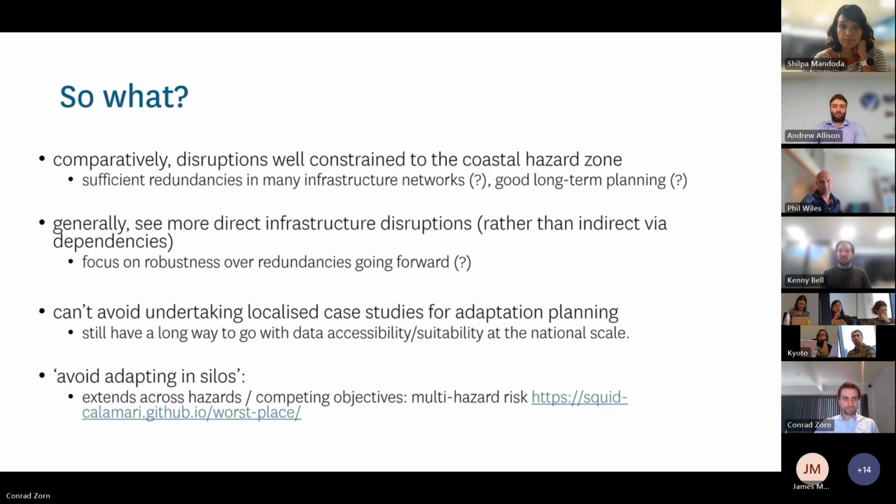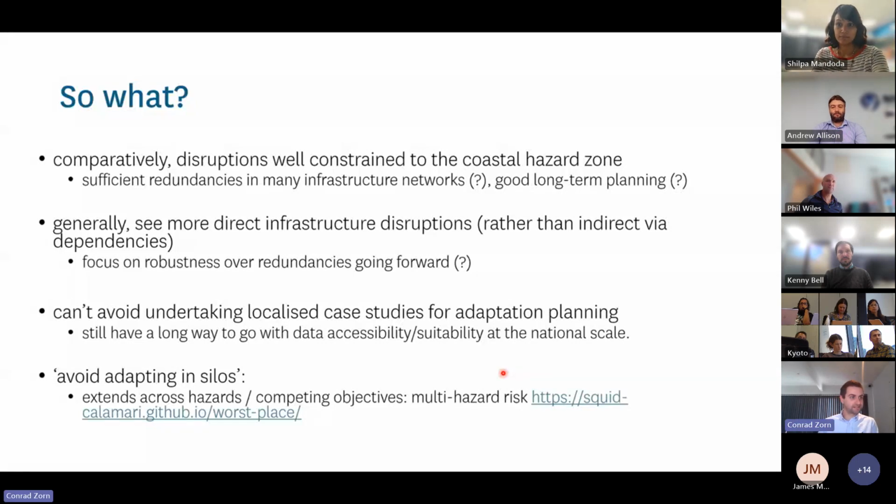So what? Well, without throwing numbers at you, comparatively, for the project we're looking at, disruptions are relatively well constrained to the coastal hazard zone, so close to where the actual event is taking place. This could be a couple of things.